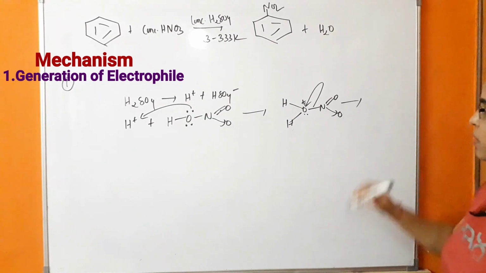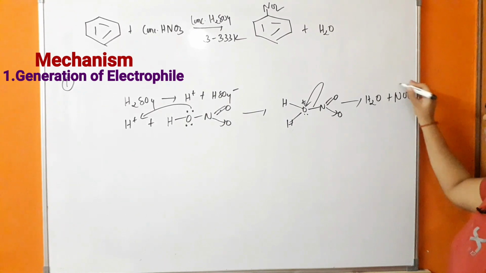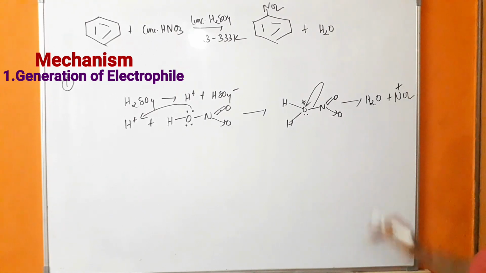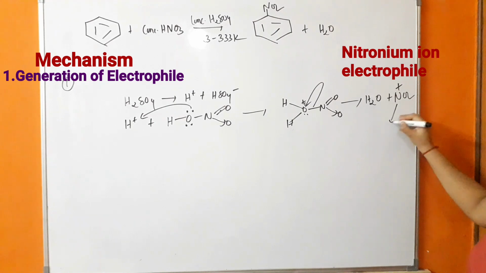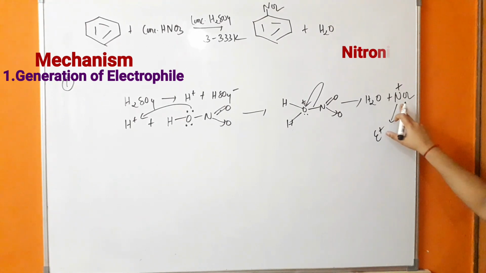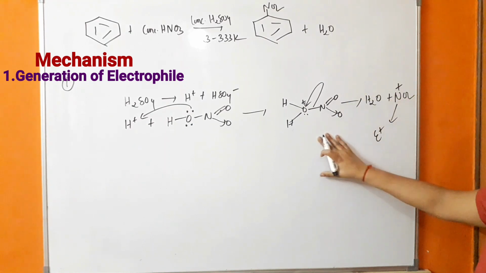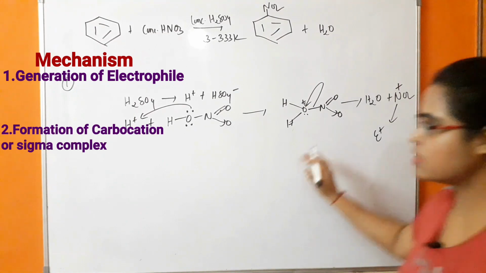So there is a formation of H2O and formation of NO2 plus. This NO2 plus is a nitronium ion which is behaving as an electrophile, which will attack on the benzene ring, and substitution will take place.